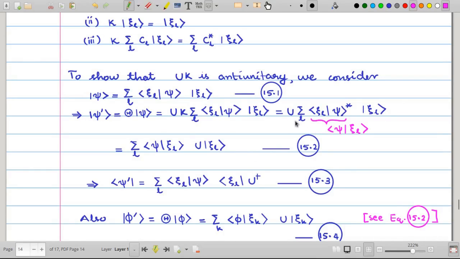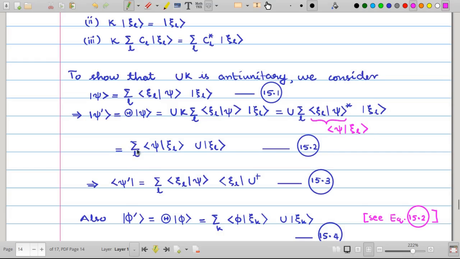Now U is a unitary operator. So the action of U on this sum will simply give the sum over l, with these coefficients remaining unchanged, then U acting on the ket |c_l>. Now the inner product of c_l with psi, star, is the same as the inner product of psi with c_l.